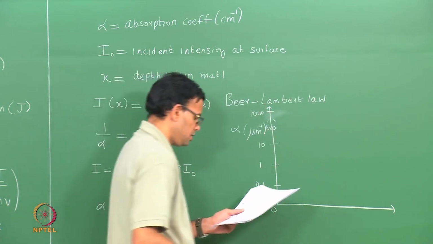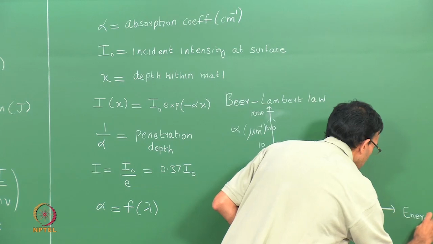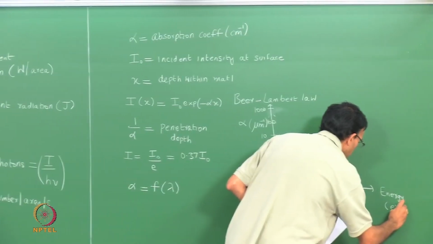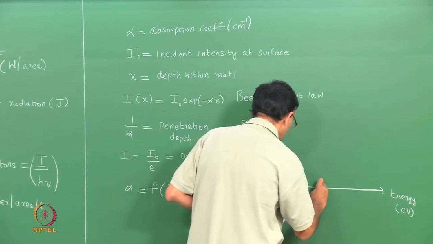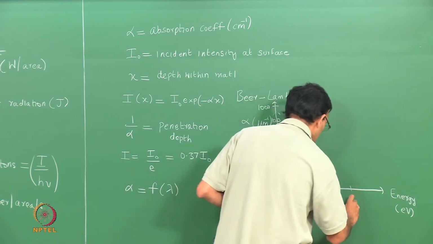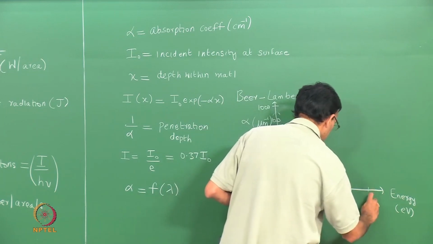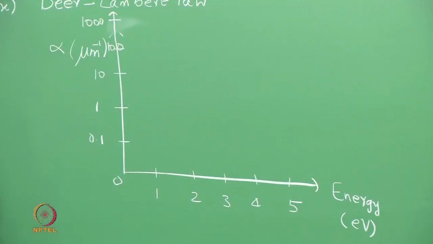On the x axis I am going to plot the energy of the radiation in electron volts. So, 0, 1, 2, 3, 4 and 5. So, we will start with silicon.